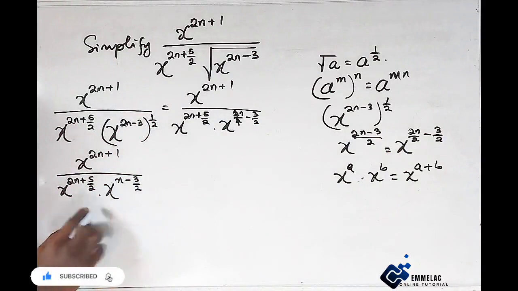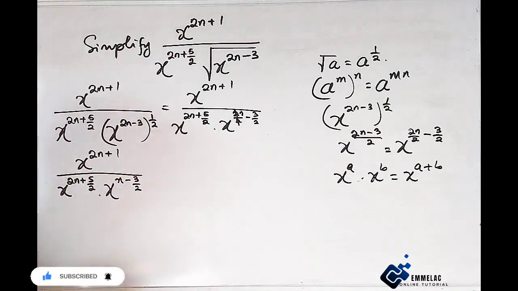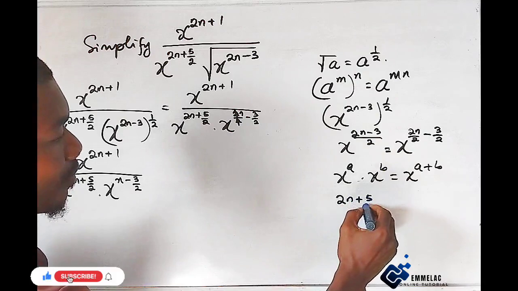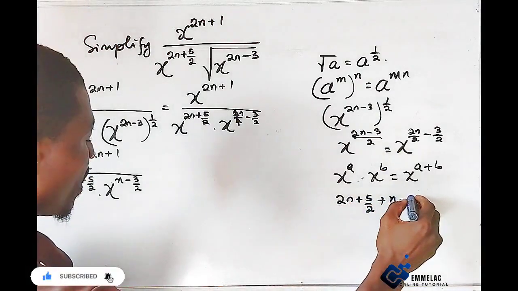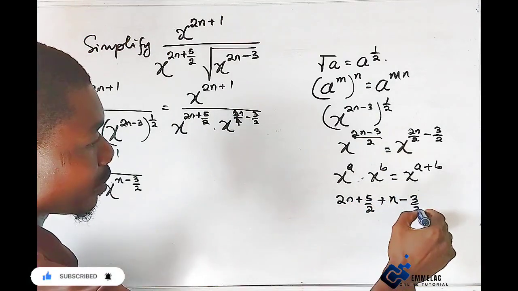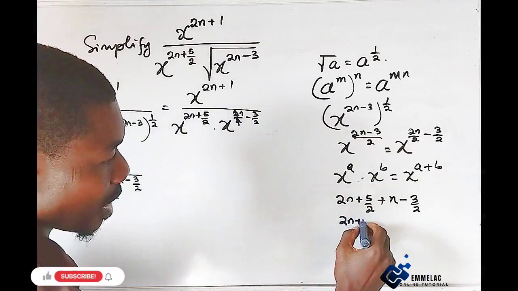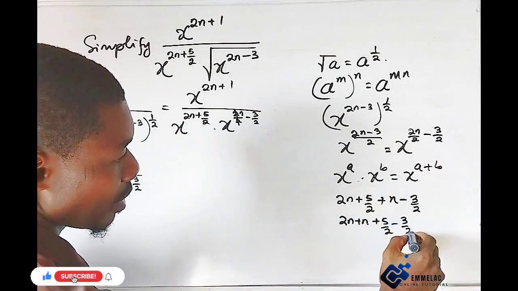So we need to add both exponents. Let me quickly solve that. Here we have 2n plus 5 all over 2, plus n minus 3 all over 2. Now let us collect like terms: 2n plus n, plus 5 all over 2 minus 3 all over 2.